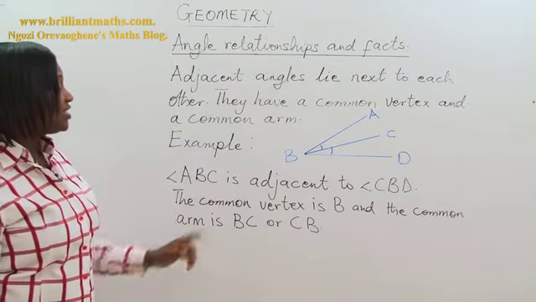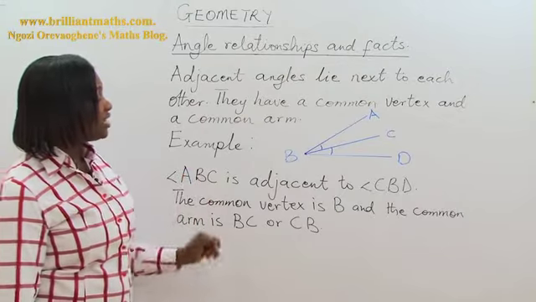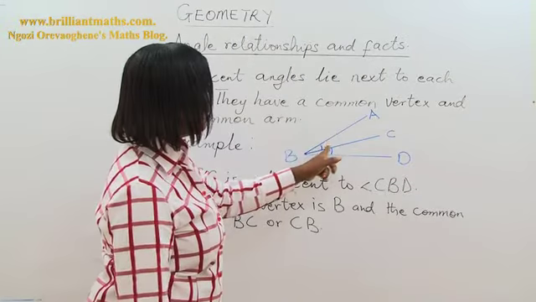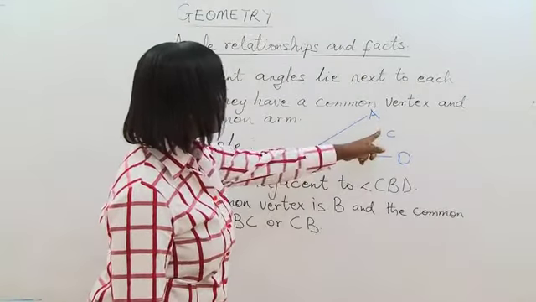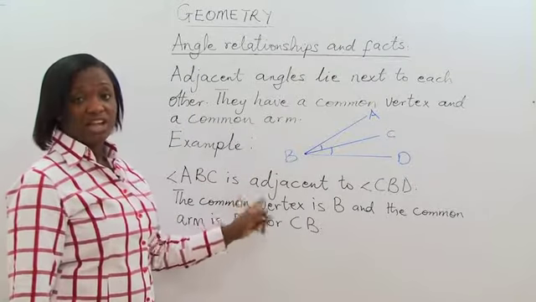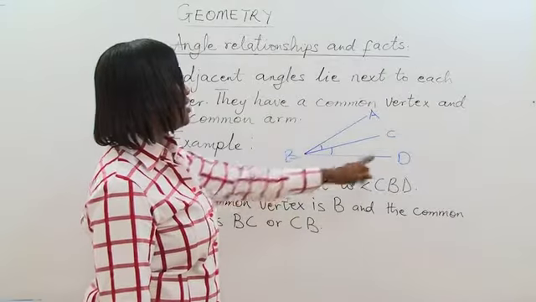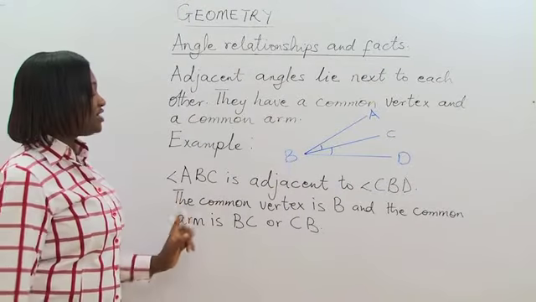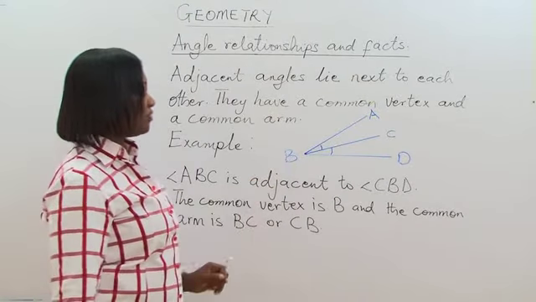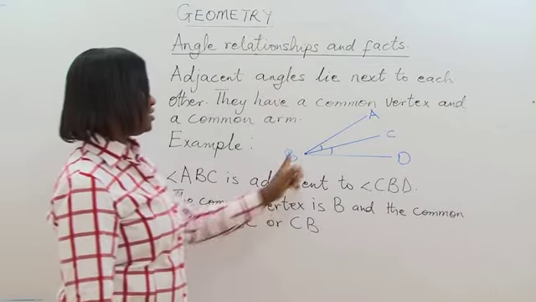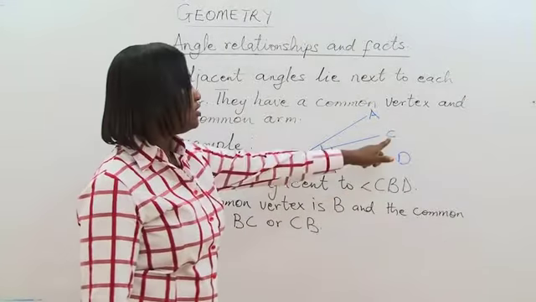So we're saying that angle ABC, which is this angle, is adjacent to angle CBD. So the common vertex is B, and the common arm is BC or CB.